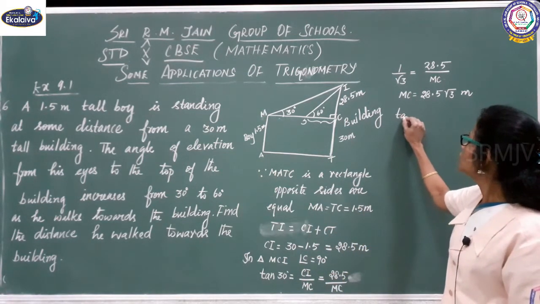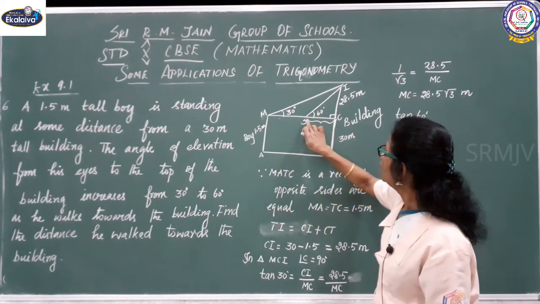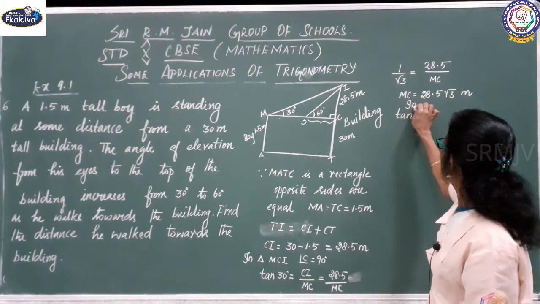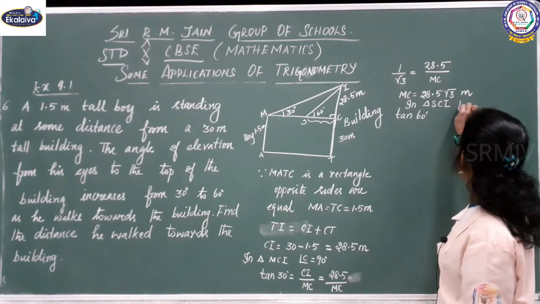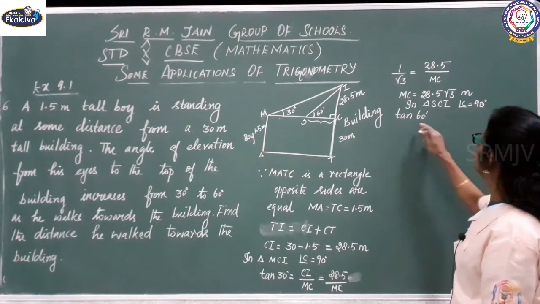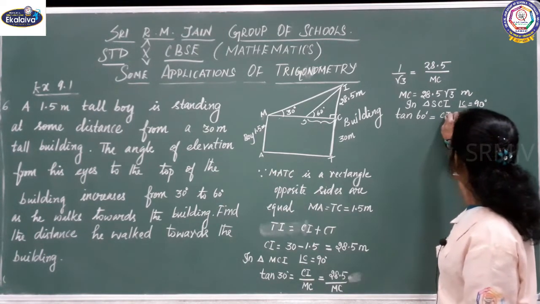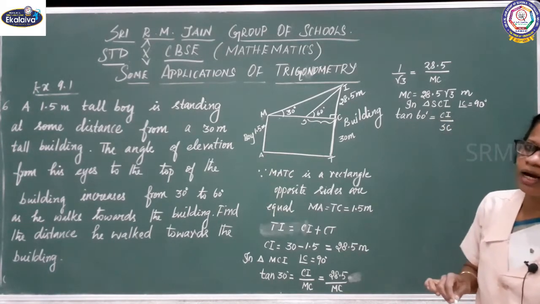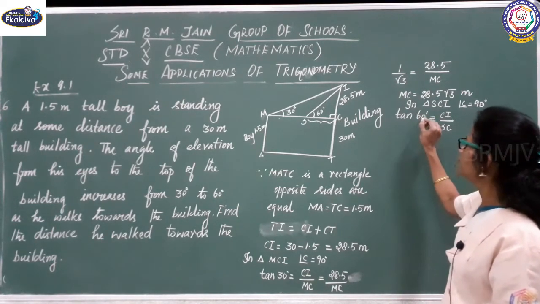Tan 60 degree, that means in triangle SCI, angle C is equal to 90 degree, tan 60 degree equal to CI divided by SC. Then what is tan 60 degree?